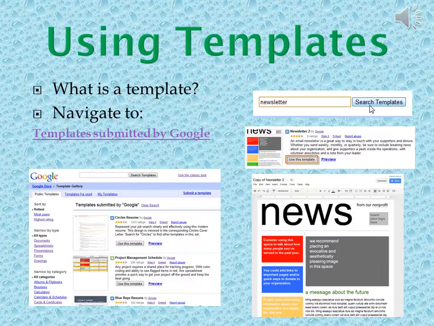To use an official Google template, you're going to navigate to Templates Submitted by Google. Several templates will appear. You can then browse templates by category or use the search bar to find something more specific, and I have that search bar listed there for you. They're looking for a newsletter.